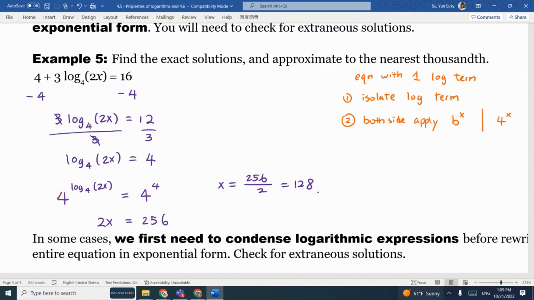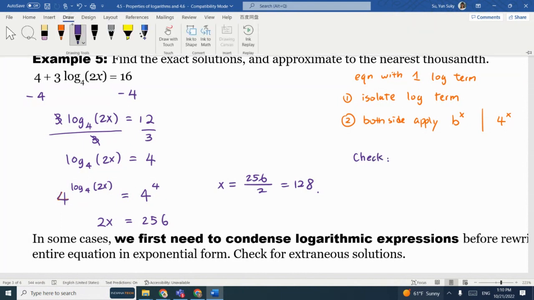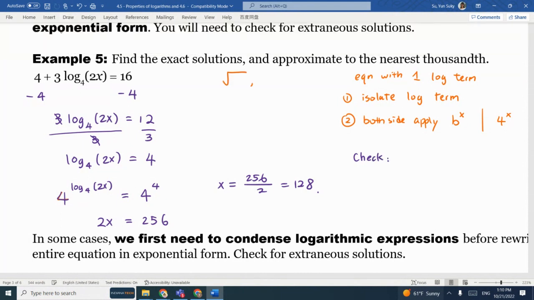Are we done? No, we gotta check. Make sure if you have square roots or fractions or ln, we always need to check our solution to see if it's in the domain.